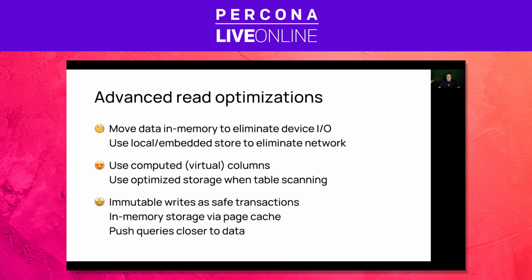Another popular construct is use the page cache as a form of in-memory storage. Kafka does this really well. When you're reading from the top of the queue, you're reading the data that was just written. So it's always in memory. Kafka operates as an in-memory database a lot of the times, even though it isn't strictly an in-memory database.